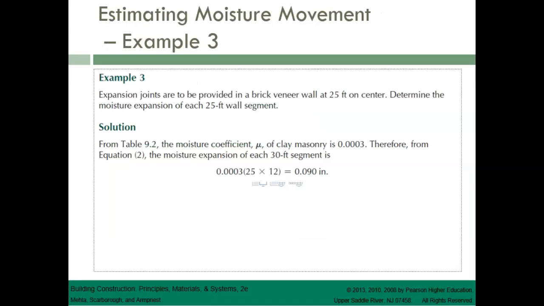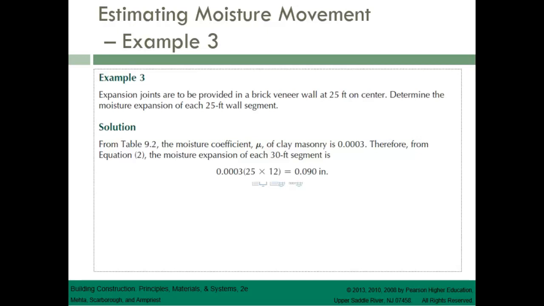Let's take a look at this example. Expansion joints are to be provided in a brick veneer wall at 25 foot on center. Determine the moisture expansion of each 25-foot wall segment. So if we take a look at table 9.2 in your text, the moisture coefficient U of clay masonry is 3/10,000, 0.0003.